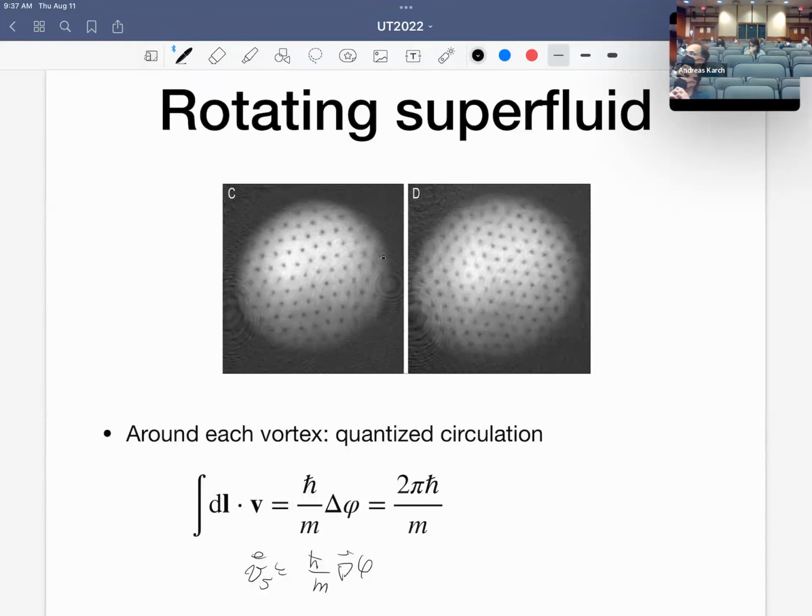And this is probably the only system where one can image the superfluid vortices in such a visual way. In helium-4, if one rotates helium-4, in principle there should be vortices, but to see these vortices is much more difficult.